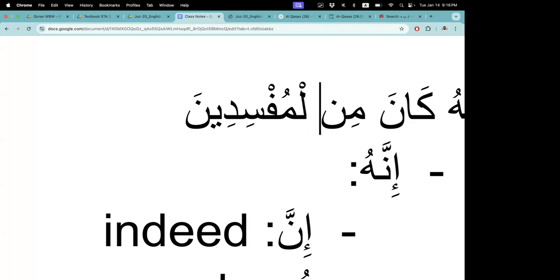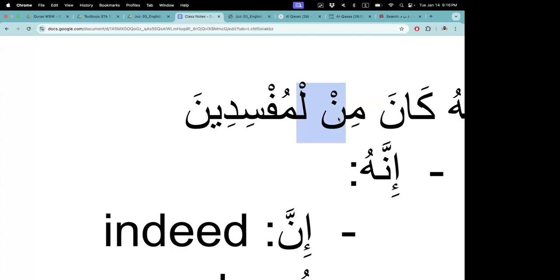Now, if you have min, and you have this lam with a sukun, yes? This is a problem phonetically. You have two sukuns back to back, okay? And then you cannot pronounce the words. So the first sukun transforms into something to be able for you to join the two words.